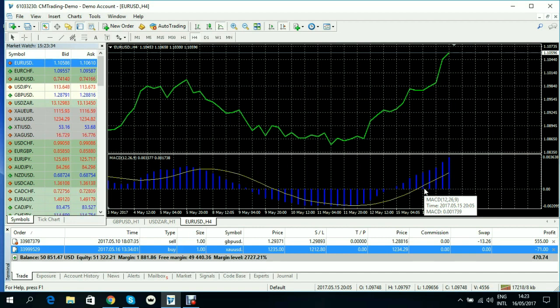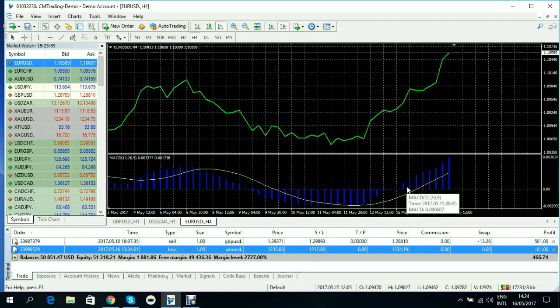When these two conditions are met, when the bars go up and then the signal crosses, then a buy trend is formed.